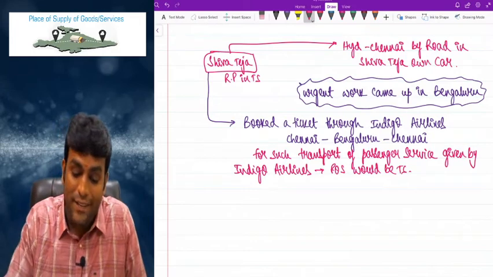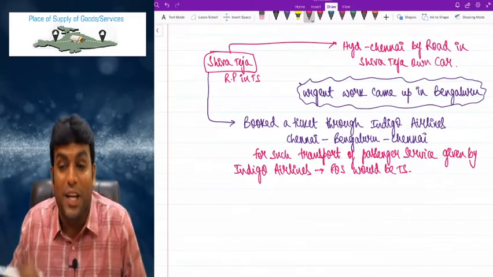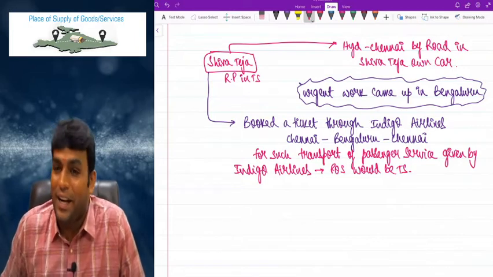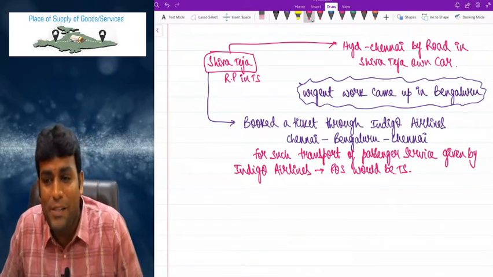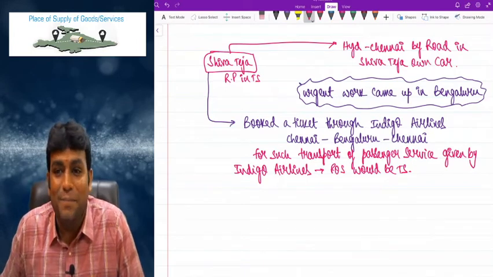In fact, even though I traveled from Chennai to Bangalore and again Bangalore to Chennai, still the place of supply will be Telangana state only, because the receiver is a registered person.